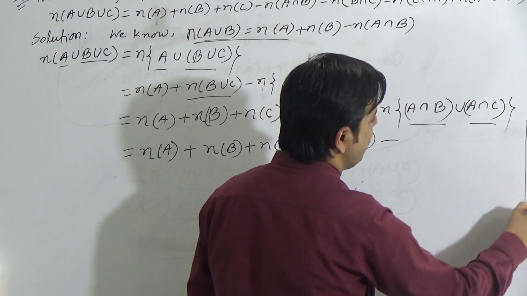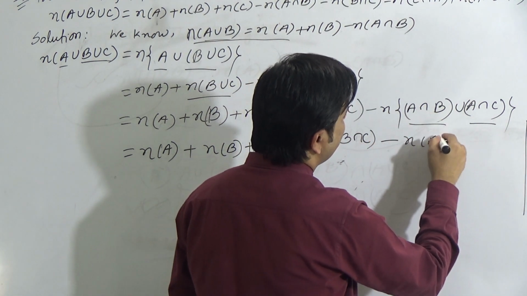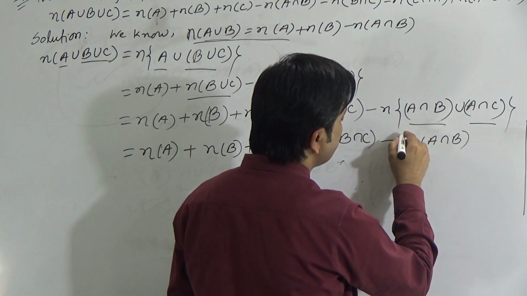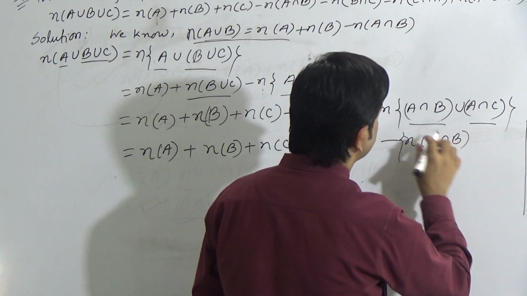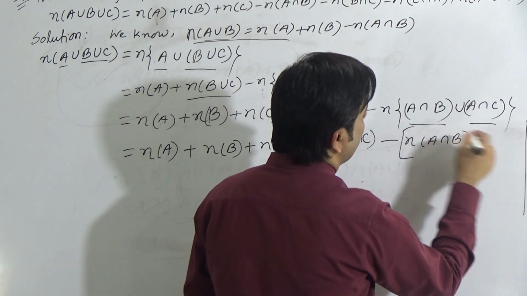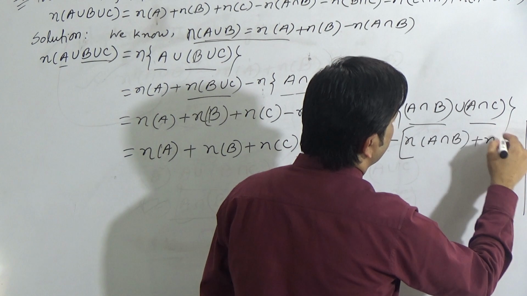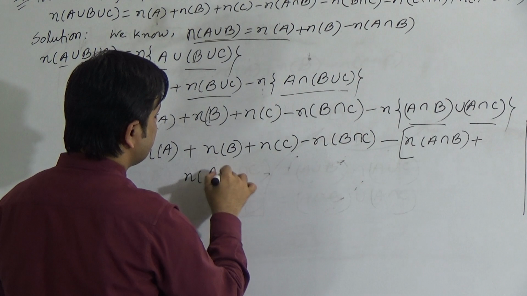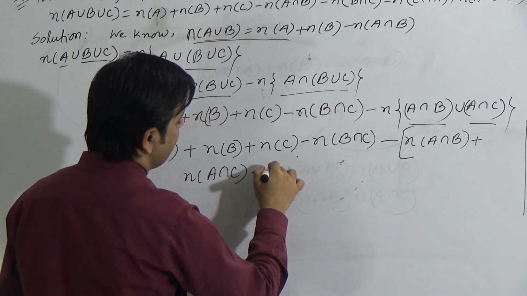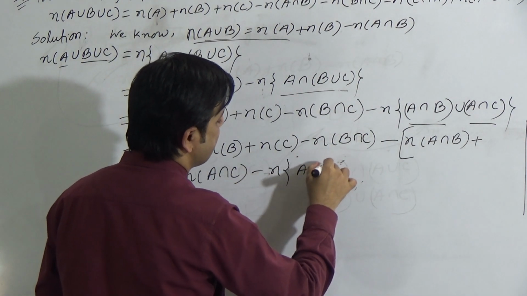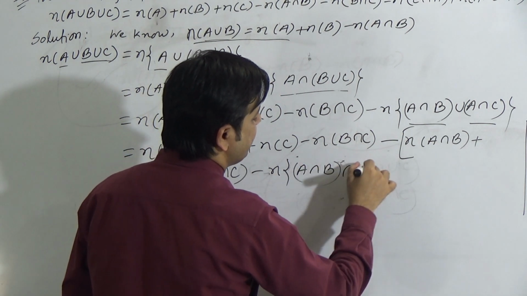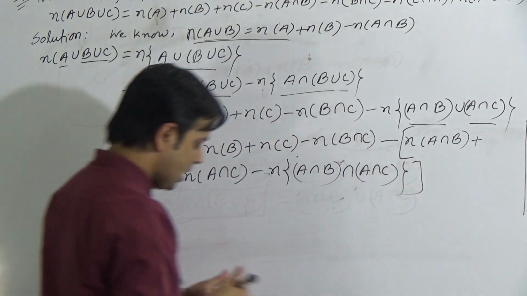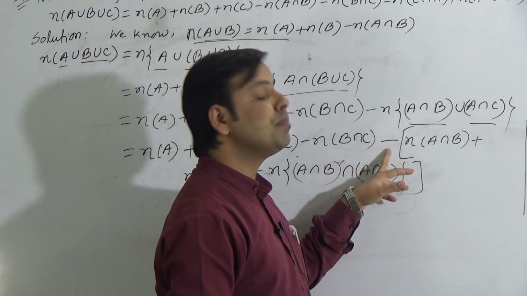Here we can write now number of elements of A intersection B plus number of elements of A intersection C minus number of elements of A intersection B intersection A intersection C. I have taken here third bracket for this minus sign.